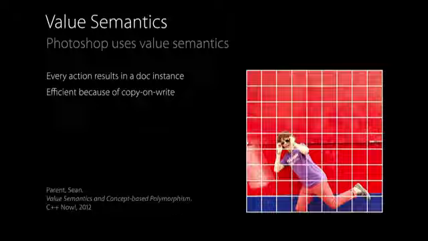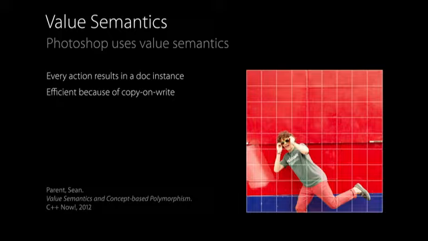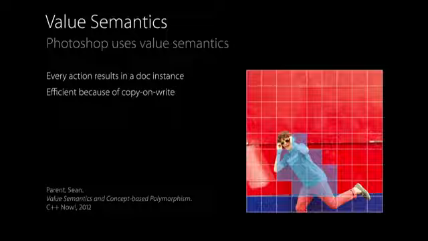Then if I make a change, like change this person's shirt from purple to green, the only thing that gets copied in the 2 instances of that diagram are the tiles that contain the person's shirt. So even though I have 2 distinct documents, the old state and the new state, the only new data that I've had to consume as a result of that is the tiles contained in this person's shirt.